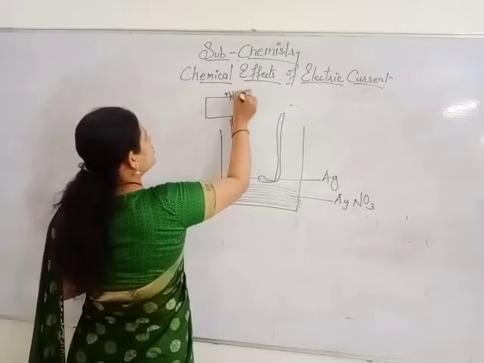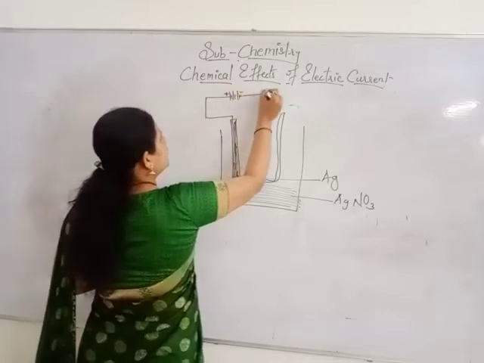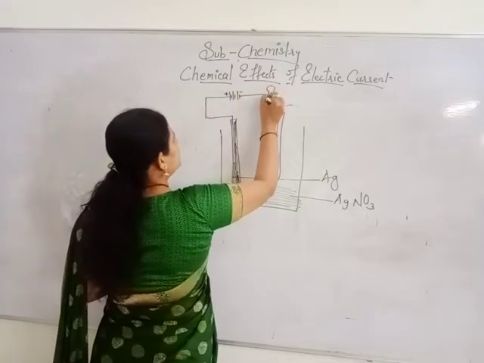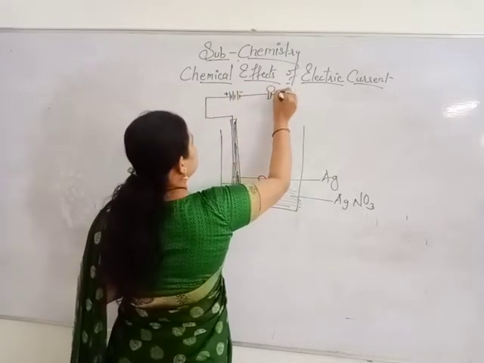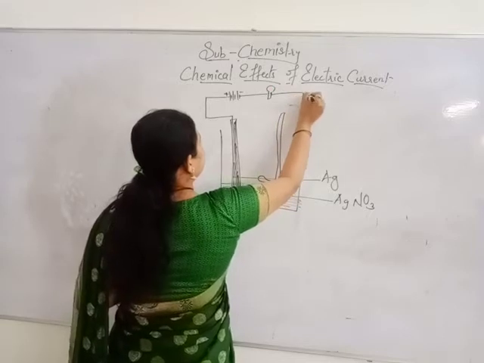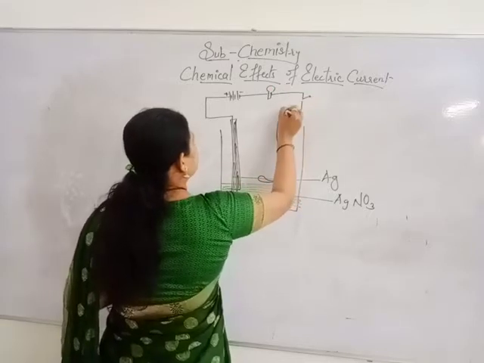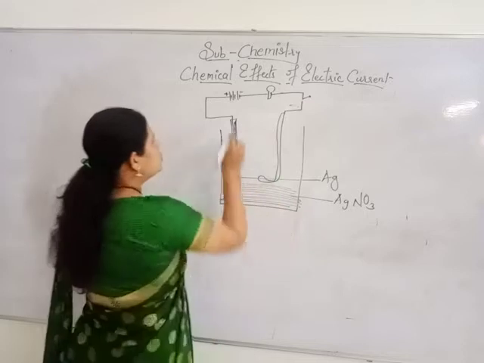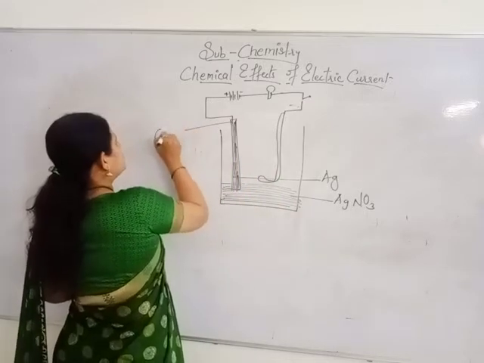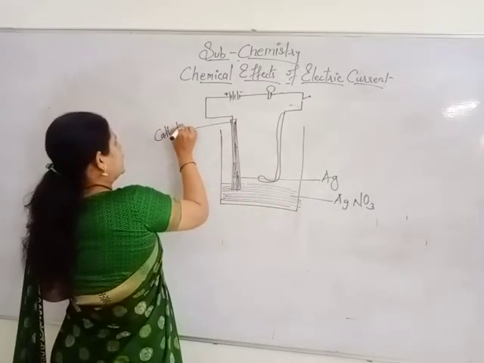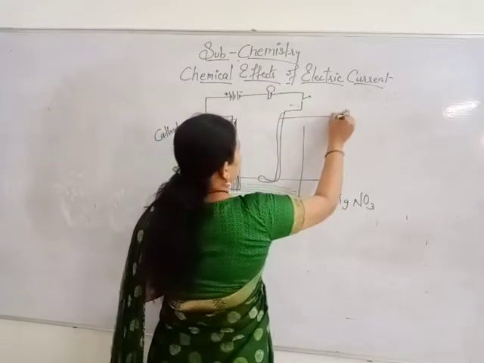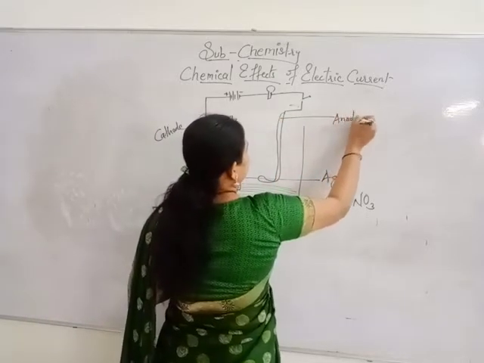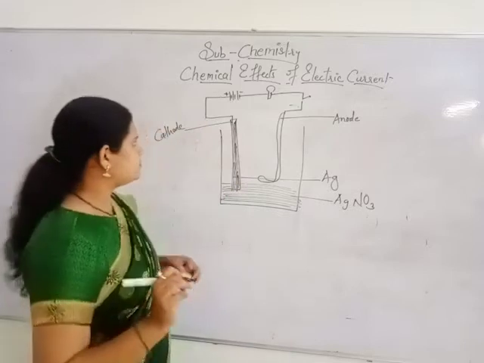This is the positive terminal, this is the negative one. It has to be connected with a bulb, then we add a key, and then connect it to the other end. So this is what? This is the cathode, that you all know. And this one is the anode.